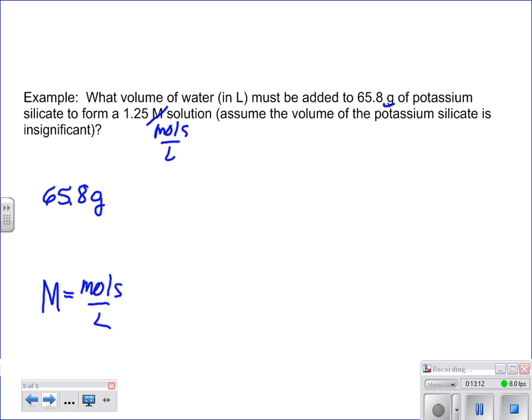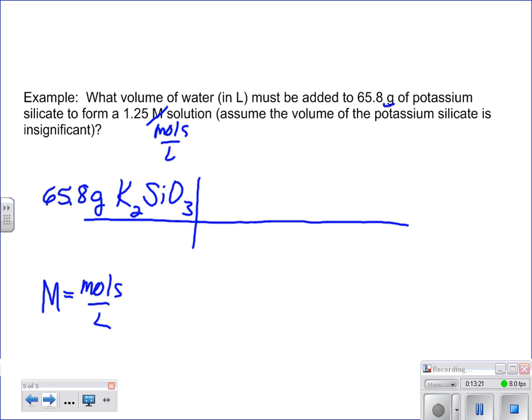And it's potassium silicate, plus 1, minus 2. So what are we going to convert to first? Moles. So we get rid of our grams, go to our moles. 1 mole is equal to 154.29. So now we have it as moles of potassium silicate.